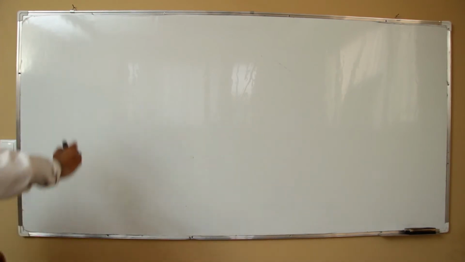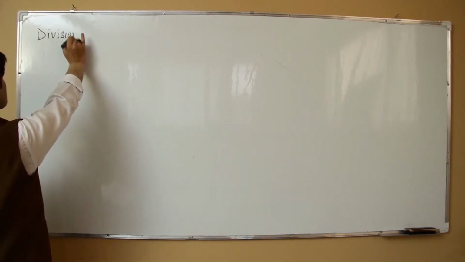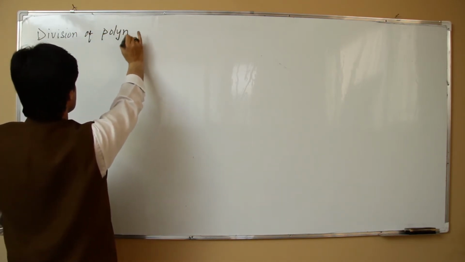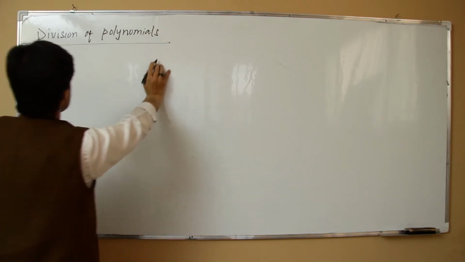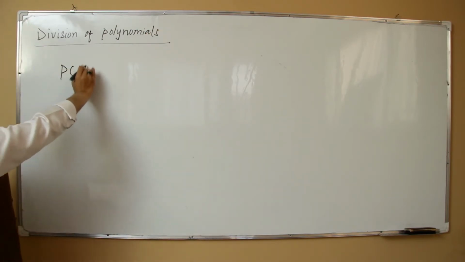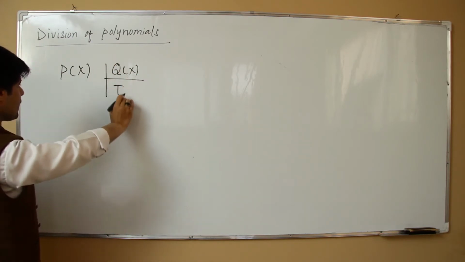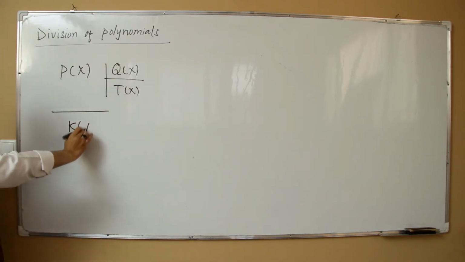Okay, division of polynomials. Whenever you have a polynomial p(x) divided by q(x), here we have t(x) and here we have k(x).